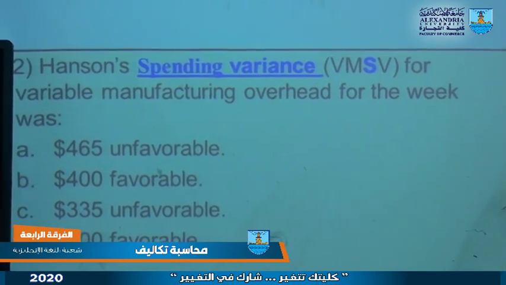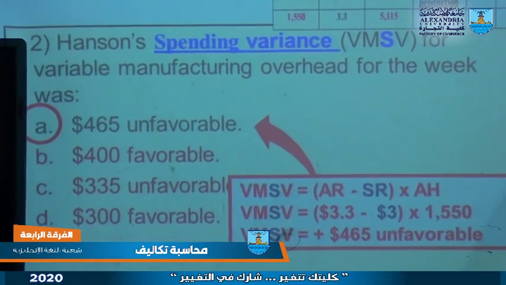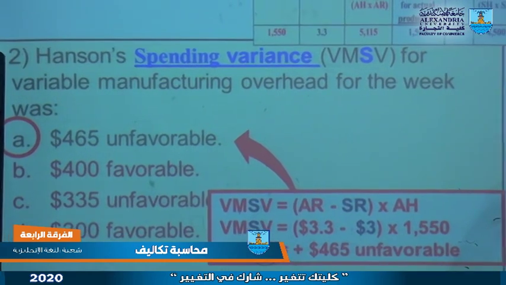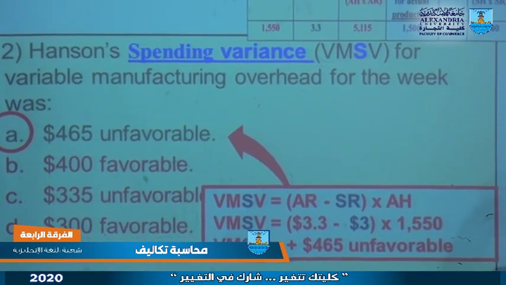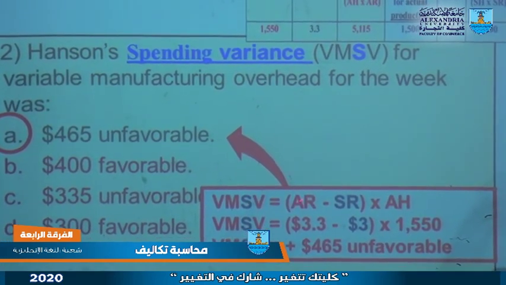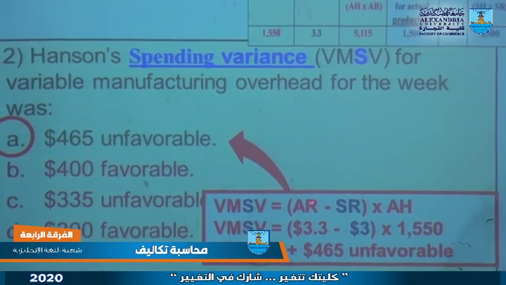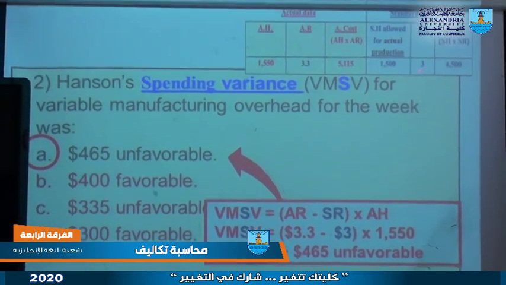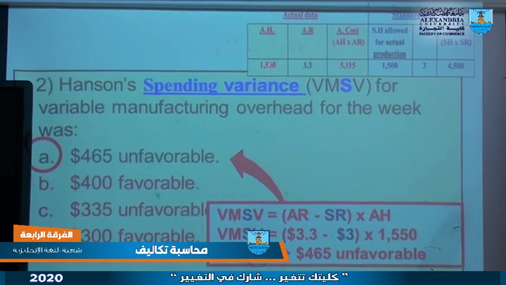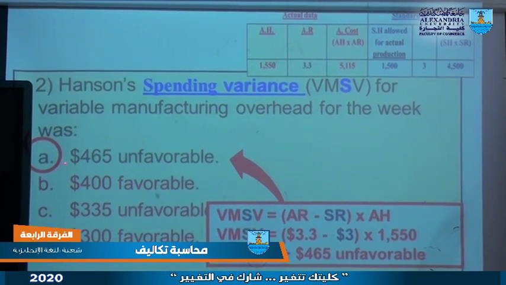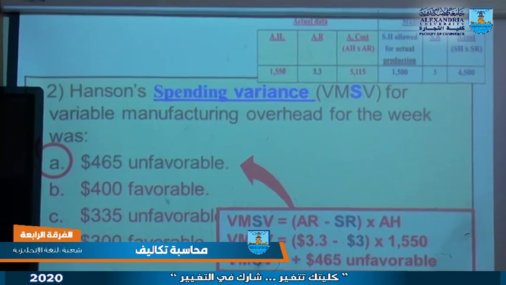You have to go back to your table. How to calculate spending? The difference between actual rate and standard rate, times actual hours. Here I have my spending variance.